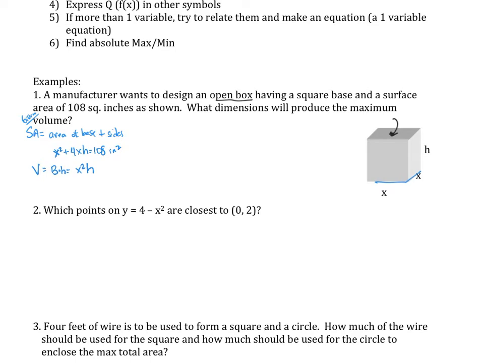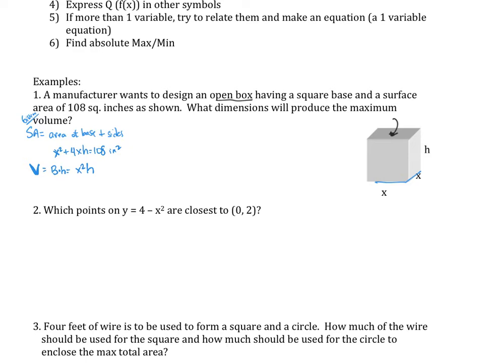All right, so now I'm given x squared plus 4xh equals 108 as my surface area, and I want to try to maximize this volume. So for maximizing volume, I'm going to be taking a derivative, right? We take our derivative whenever we want to try to maximize something to find our maximum points. But I've got x squareds and an h, and I want to keep this all in terms of one variable.